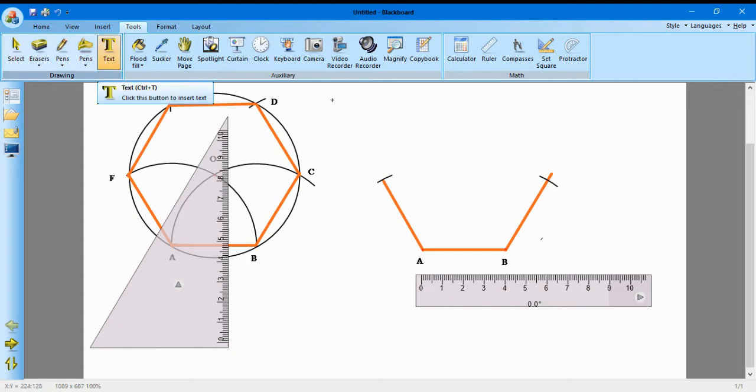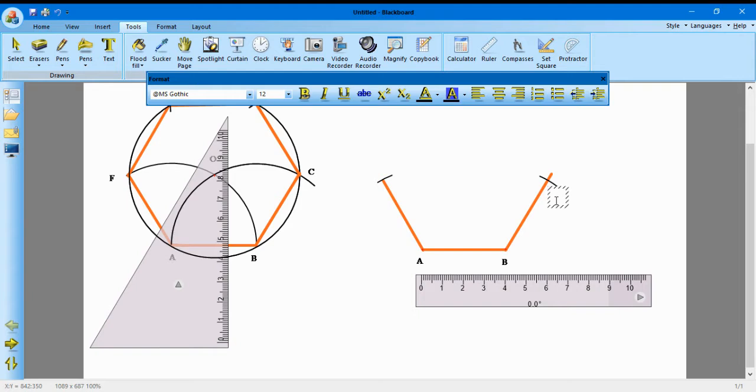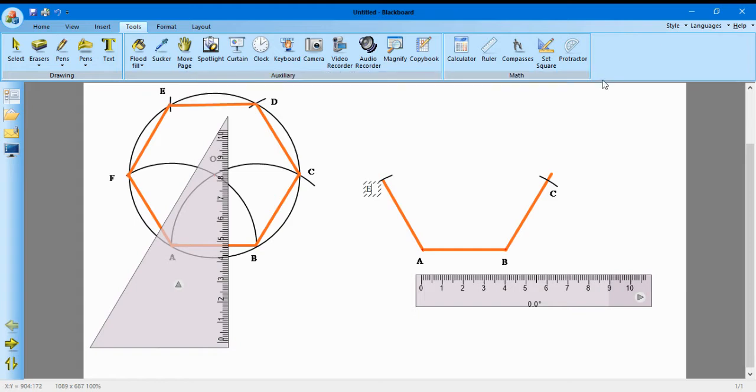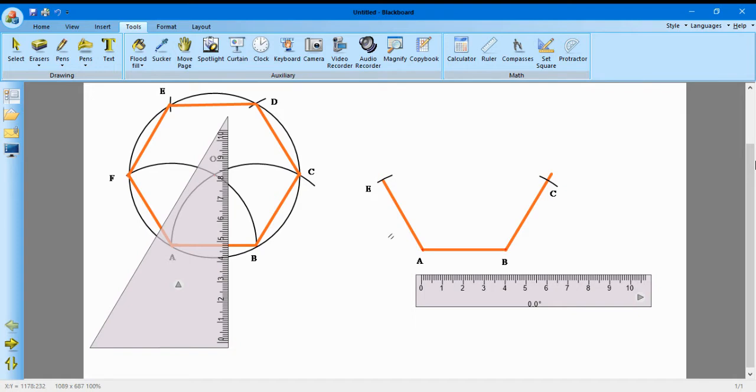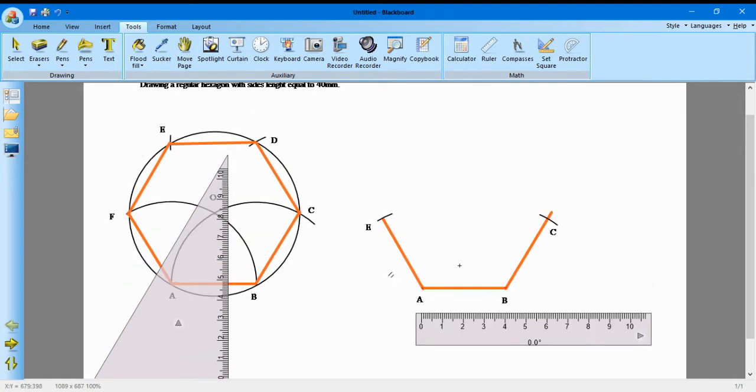So my 2 points, how will I call these points? This is what we call point C, and this is what we can call point E. Alright? Now I already drew the 2 points E and C.